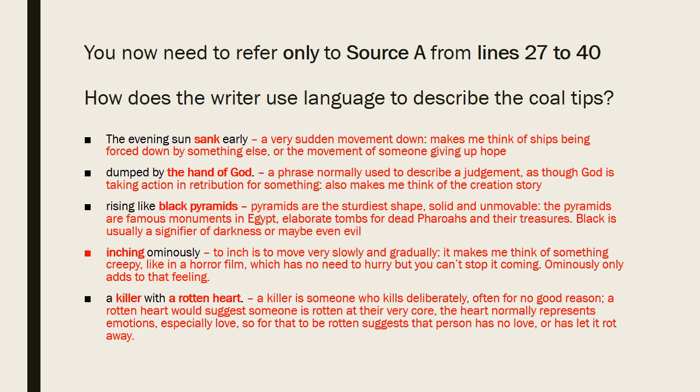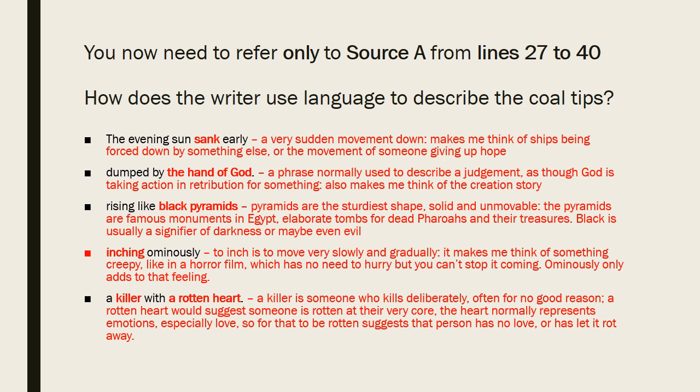And what about a rotten heart? Well, now, this is more of a connotation here, because we think of the heart as normally representing emotions, and particularly representing love. So if your heart is rotten, then it would suggest that your very core, your heart, is rotten.